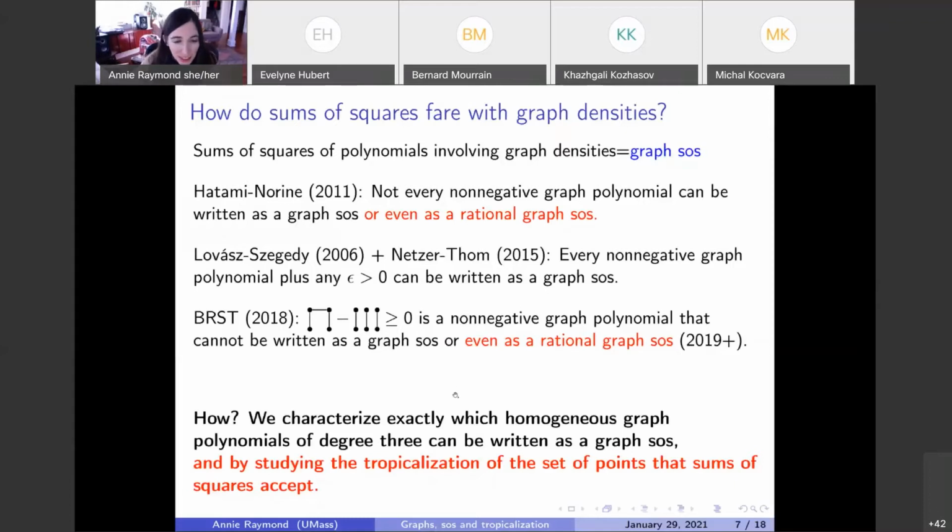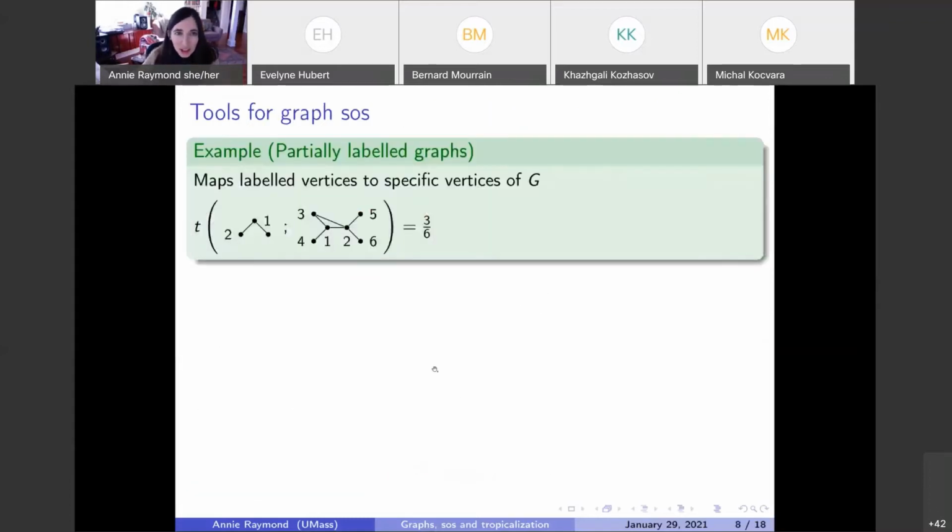Okay, so let me show you the tools that we need to understand sums of squares. So far, I've only shown you unlabeled graphs. Most of the time it's going to make sense to have partially labeled graphs and understand what that means in terms of densities.